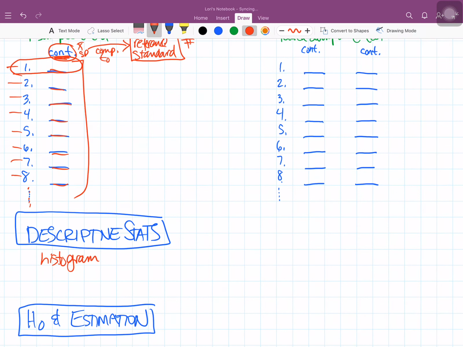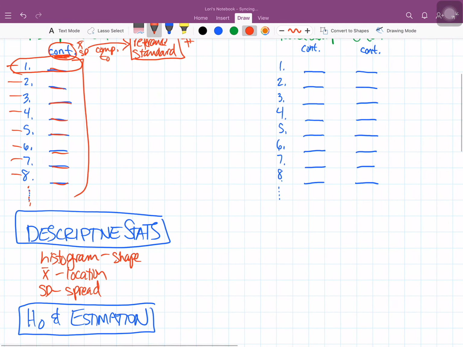We would also calculate the sample mean and the sample standard deviation. The histogram lets us see the shape of the distribution. X bar tells us the location, and standard deviation tells us something about the spread. So those descriptive statistics give us a picture, collectively, of that variable.